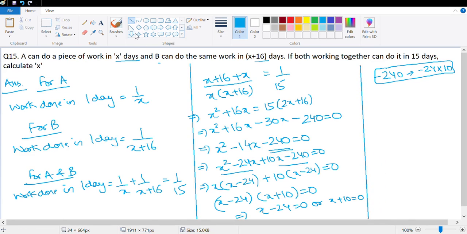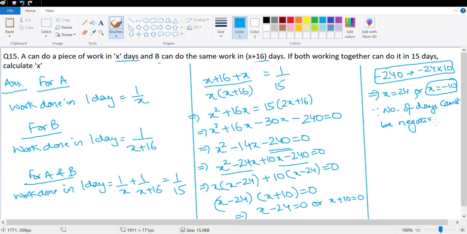What this means is x is equal to 24 or x is equal to negative 10. Now since x is basically number of days, number of days cannot be negative, therefore x is equal to 24 days.